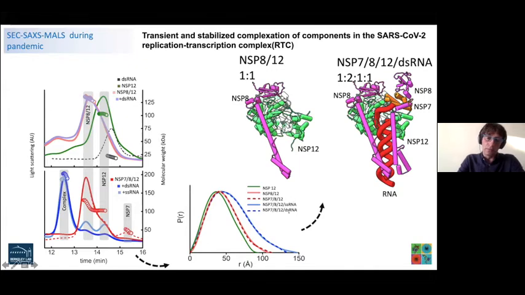Sorry, we're just comparing here different complexes, but in general, we calculate and find out that only when this tiny small NSP7 is present, RNA can be complexed with this replication transcription complex. There is multiple information that we additionally add to that, but it was just a straightforward technique that we applied, the size-exclusion coupled SAXS together with the molecular weights, shift of the peak, and simple modeling.